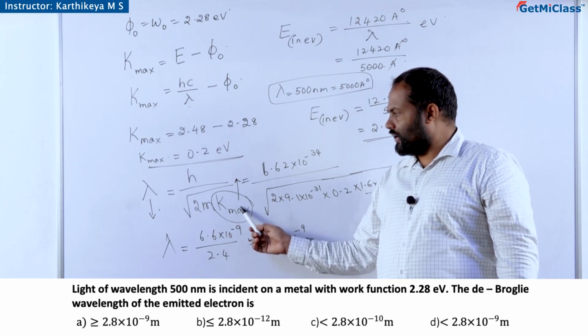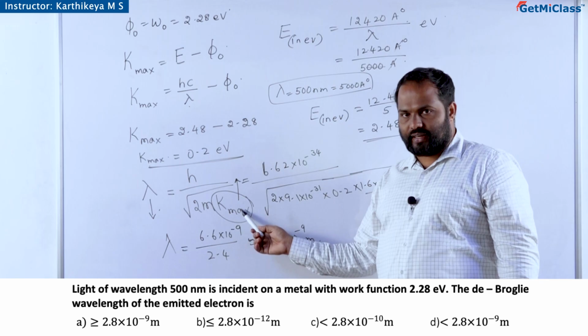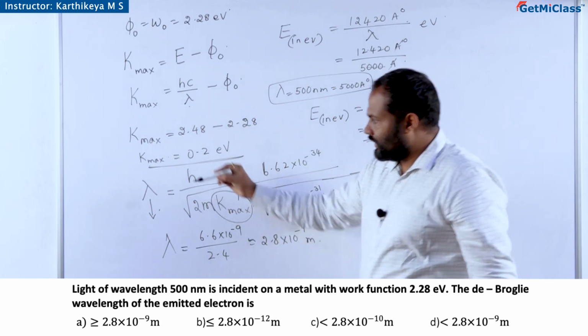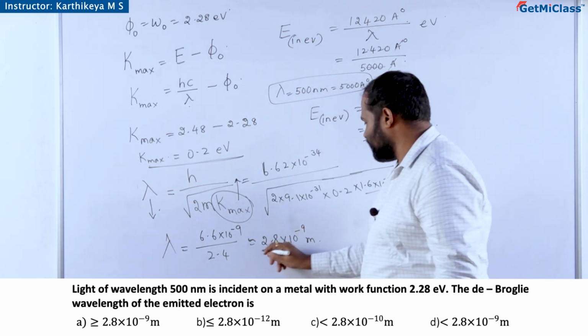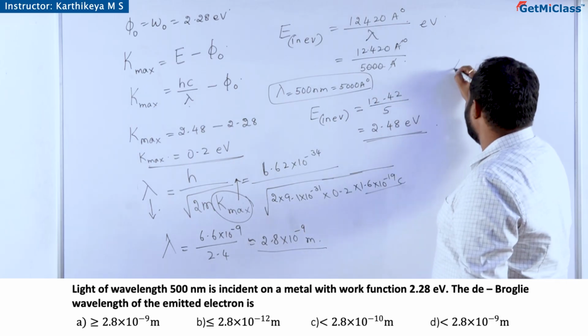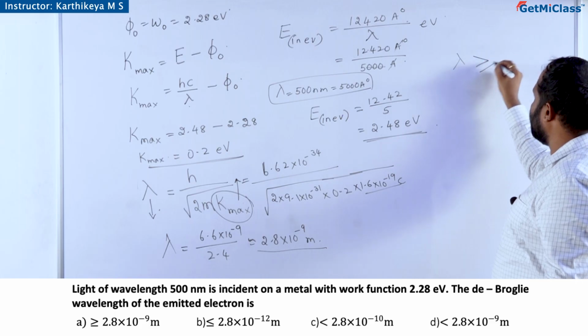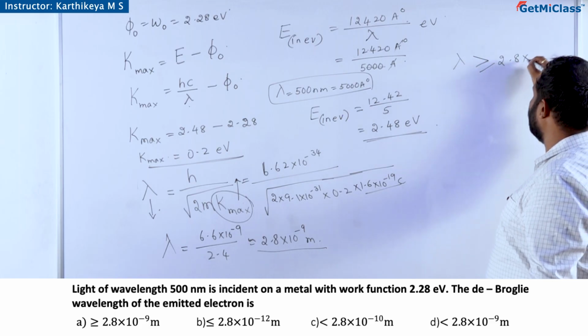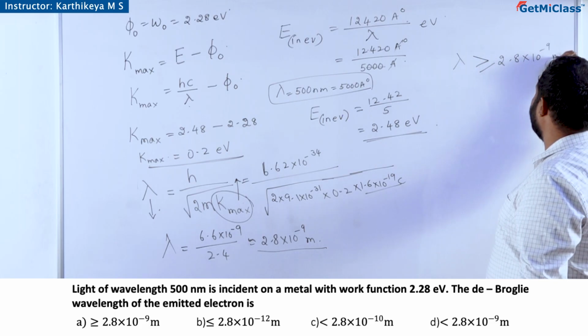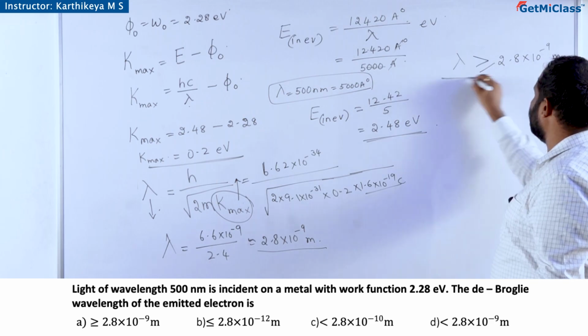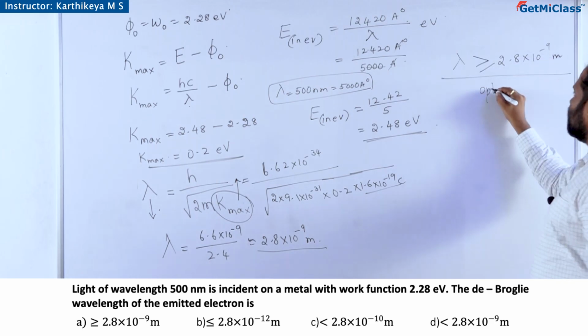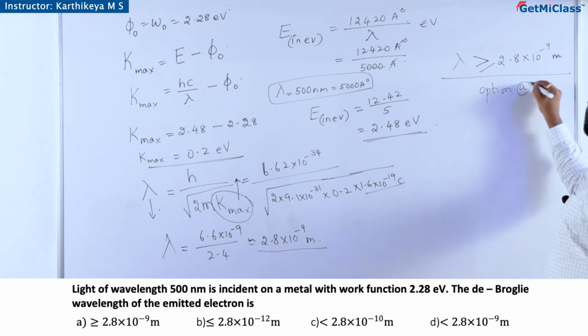Kinetic energy can be lesser than the maximum kinetic energy in most cases. Then the wavelength should be more than this value. So, wavelength greater than or equal to 2.8 into 10 to the power minus 9 meter is the right answer, which is option A.